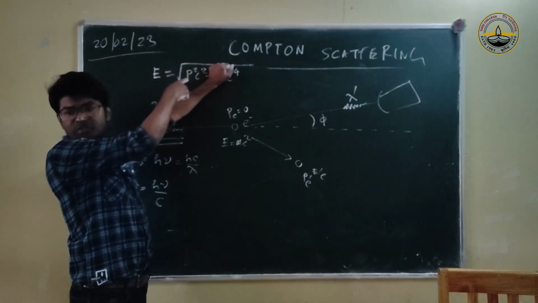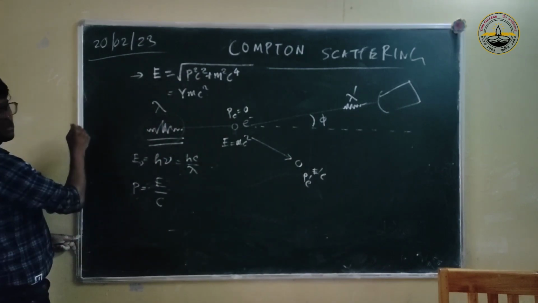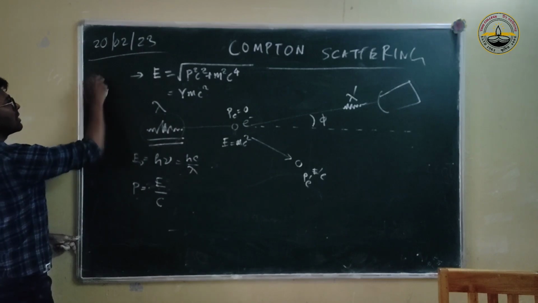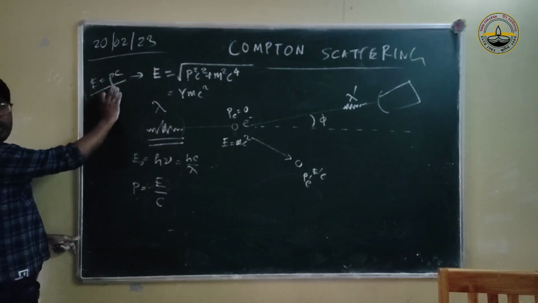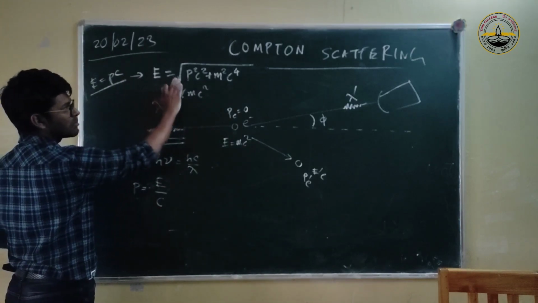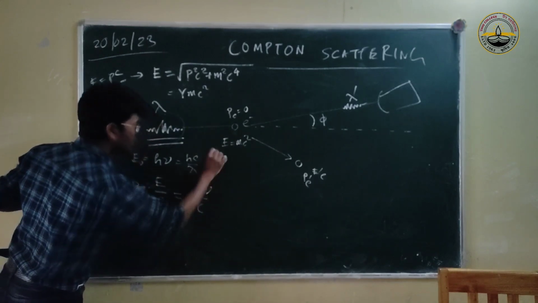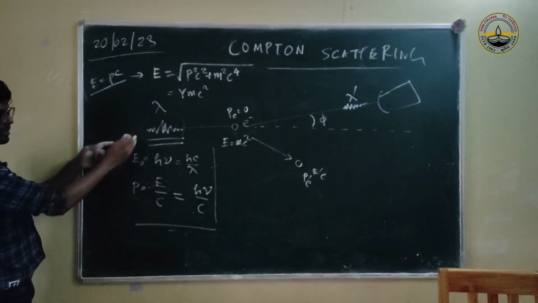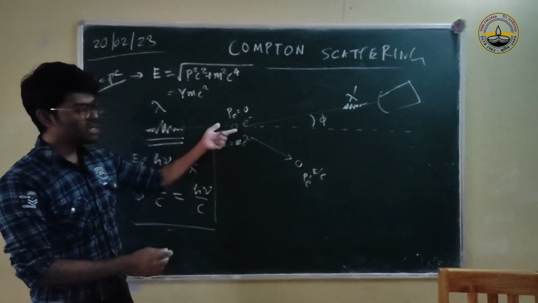So P is E over C. So this was for a massive particle. For any massless particle, E equal to just Pc is the relation between energy and momentum. For a massive particle, the relation between energy and momentum is this. So E is h nu, so the momentum is h nu over c. This is the initial energy and momentum of the photon. This is the energy and momentum of the initial electron.